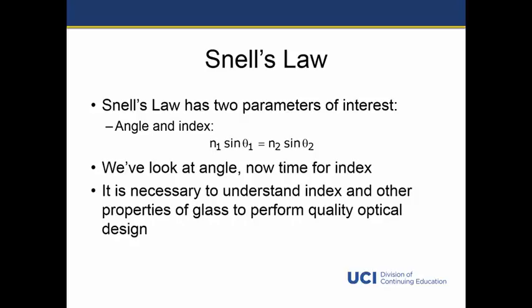We've spent quite a bit of time looking at calculating the angle of incidence and the angle of refraction. So now let's talk a little bit about index of refraction, because you absolutely must understand not only the index of refraction, but other important properties of glass in order to do quality optical design.